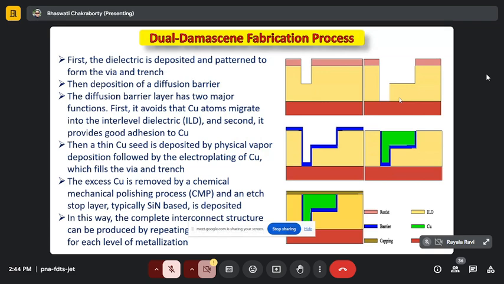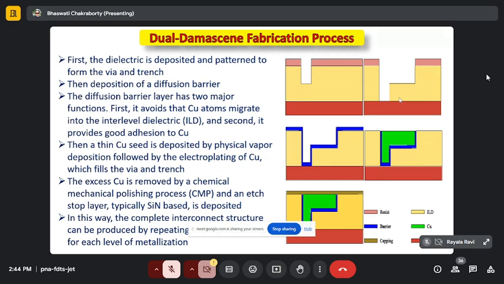After that, the seed layer is deposited using physical vapor deposition. I have already talked about the seed layer in my work as well. Here also in the semiconductor industry, prior to deposition of the metal, we first grow the seed layer. After that, electroplating of Cu is carried out, which fills the via and the trench portion.